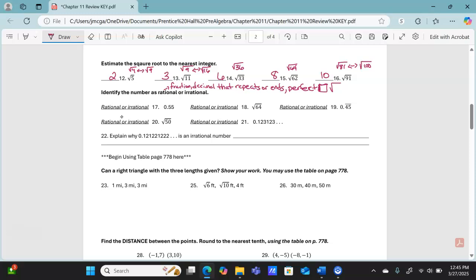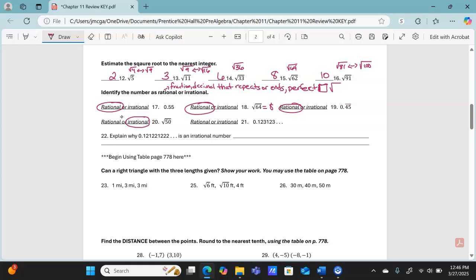So this one ends, the 0.55 ends, so it's rational. Square root of 64 is just 8, so it's rational. 0.45, and notice that little marking there, that indicates that this repeats. And so since it repeats, it's rational. Square root of 50 is not a perfect square.